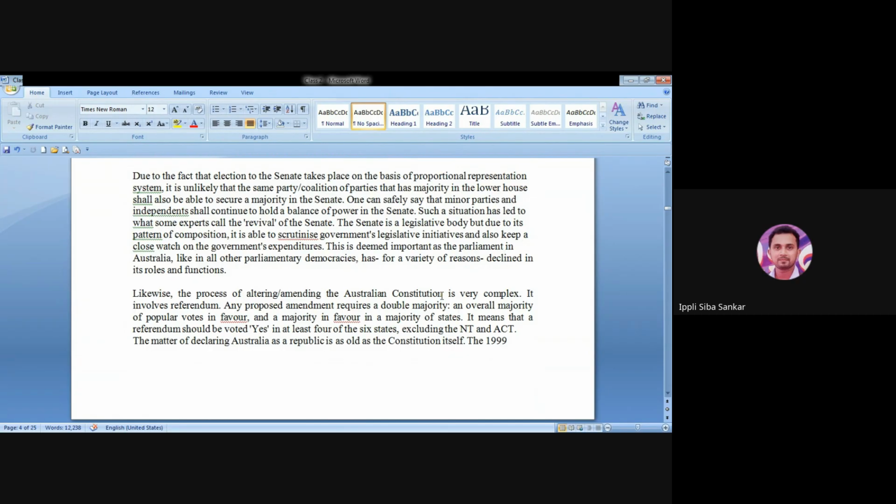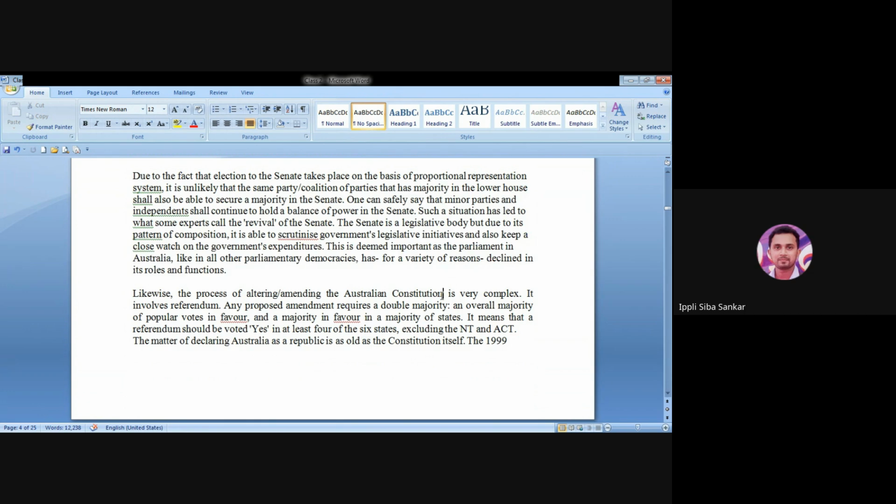It means that a referendum should be voted yes in at least four of six states. If four states accept the referendum, then it will succeed. But it is not easy, excluding the NT and ACT. The matter of declaring Australia a republic is as old as the constitution itself.